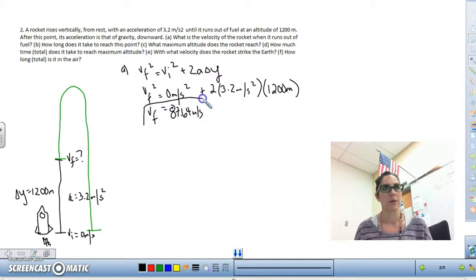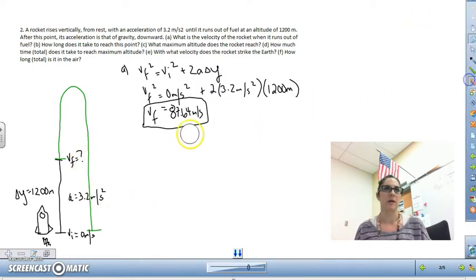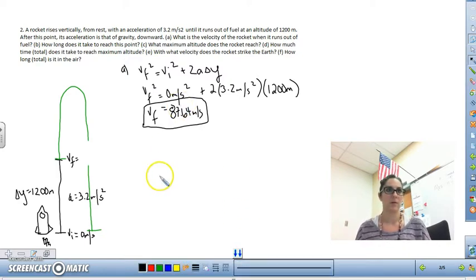That is part A. It's positive because it's rising at this point. I'll replace that right there with our speed, 87.6 meters per second.